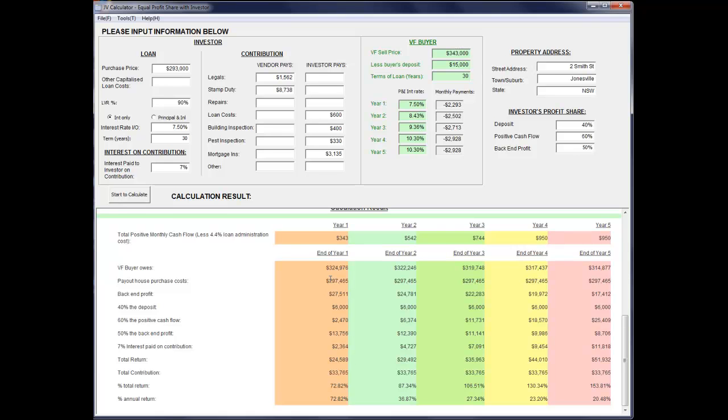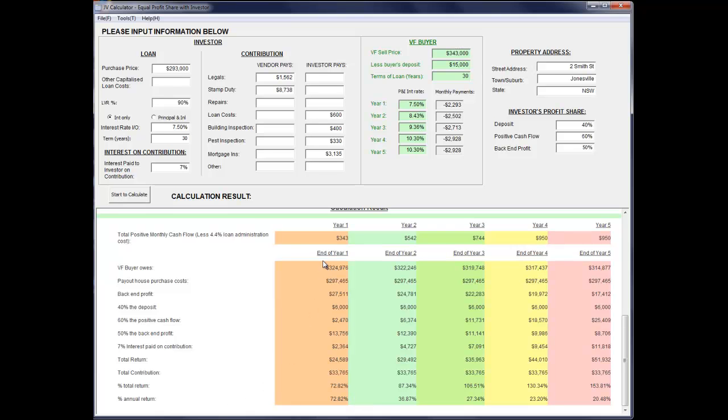So once again, the figures show the numbers and the percentages if the buyer had refinanced into a traditional loan or sold the property or won Tattslotto or the lottery and paid you out at the end of year 1, 2, 3, 4 or 5. These would be the resulting figures for that whole transaction.